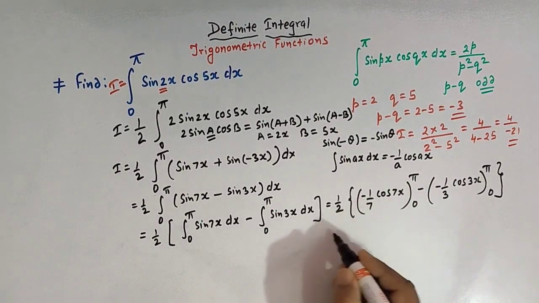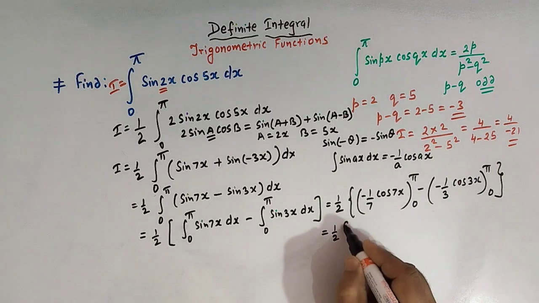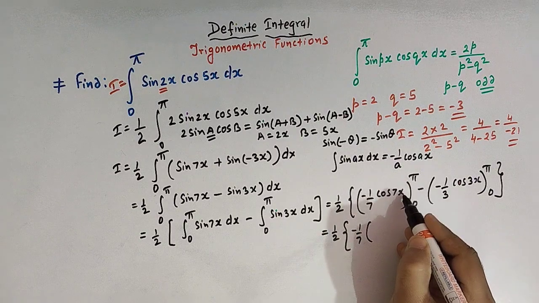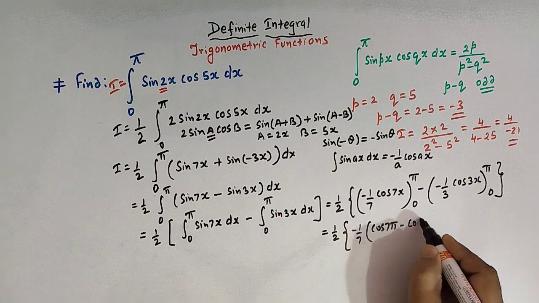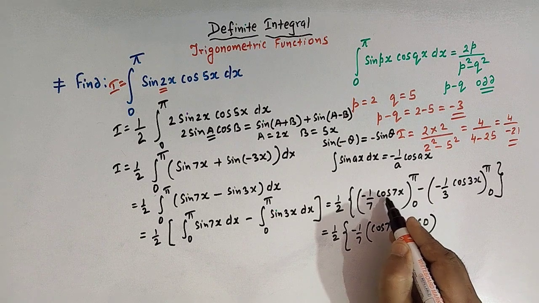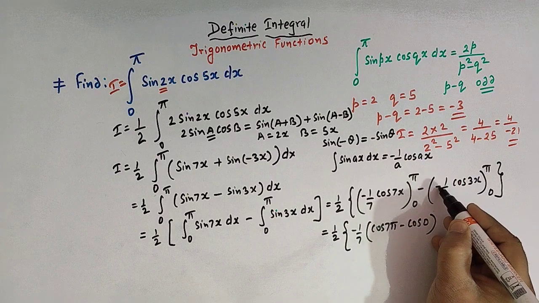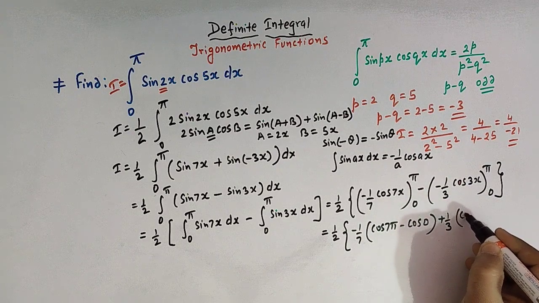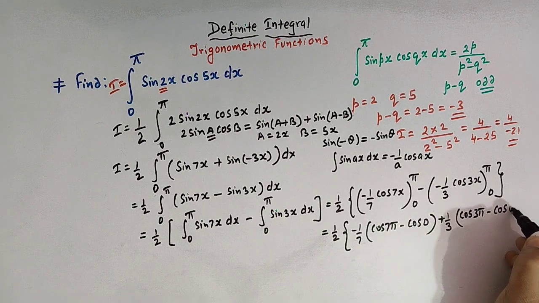Now let us substitute the limits and take the difference. We have half, minus 1 over 7, and when we take pi, we have cos of 7 pi minus cos of 0, since at x equal to 0, cos of 7 times 0 is cos 0. Here minus and minus becomes plus, so we have 1 over 3 times cos of 3 pi minus cos of 0.